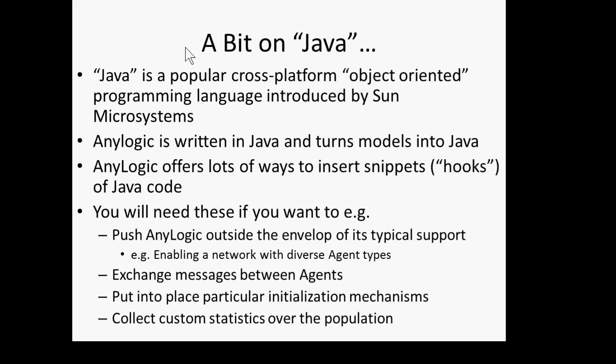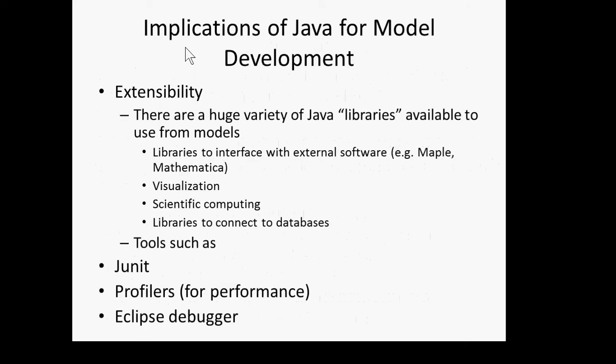And if you want to use AnyLogic in a thoroughgoing way, if you want to do a lot of basics, like create custom statistics over a population, or if you want to exchange messages between agents, have one infect another, you're going to need to use these bits of Java code, okay?